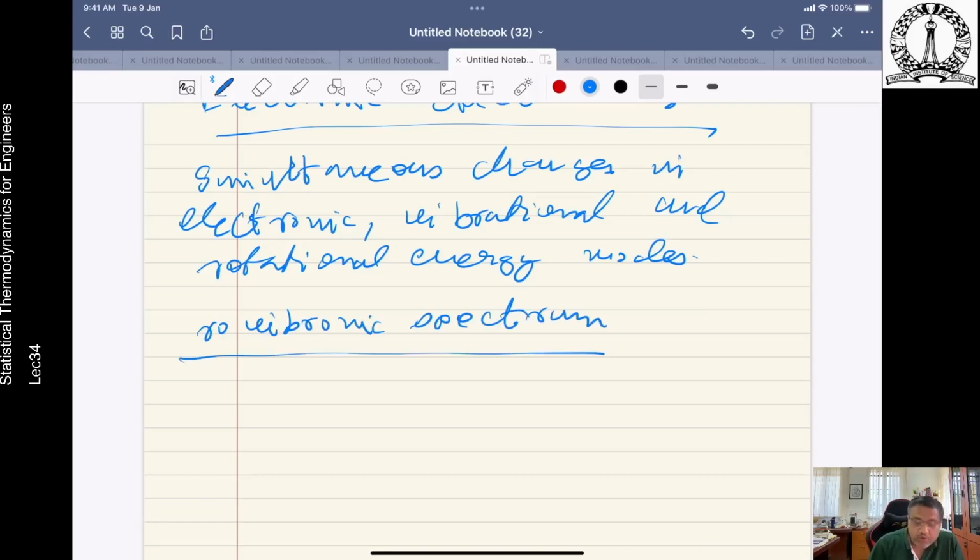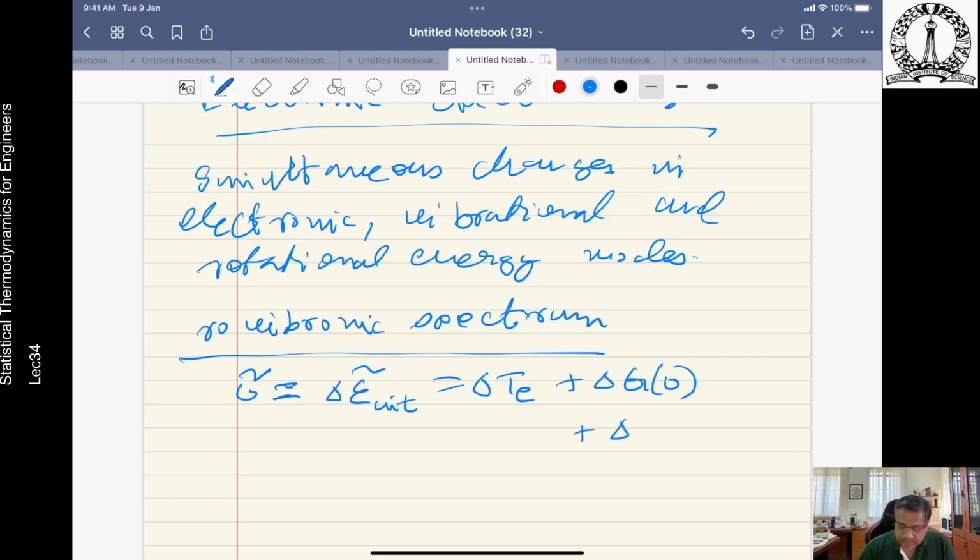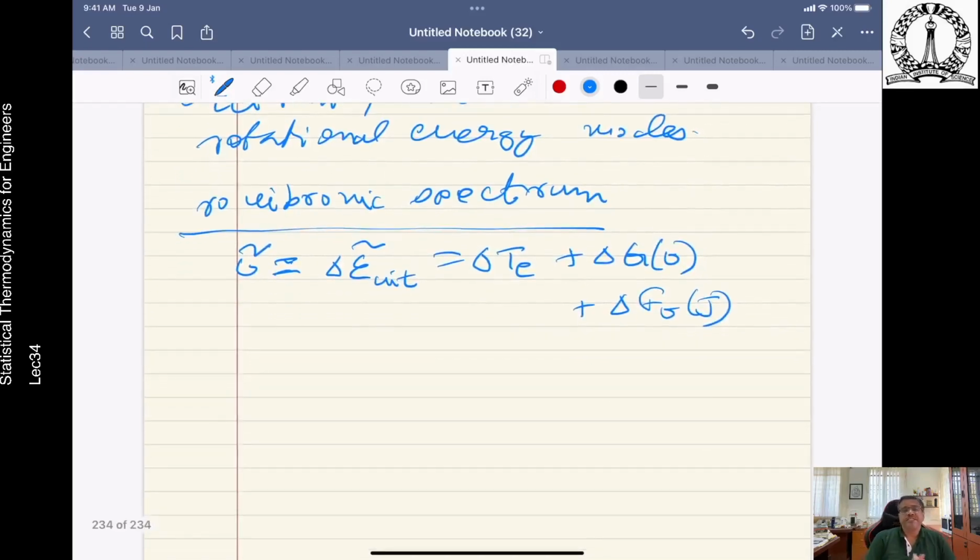Okay, so for the Ro-vibronic spectrum, the change in internal energy is therefore given as delta T_e plus delta G_v plus delta F_J. So the three terms represent the variation in the electronic, vibrational, and the rotational energies respectively.